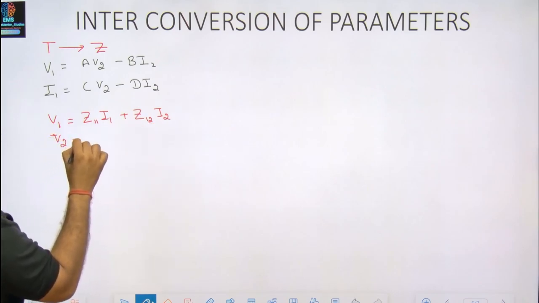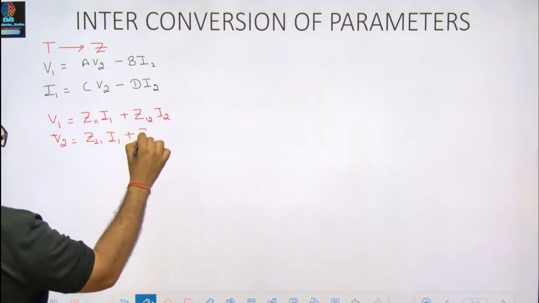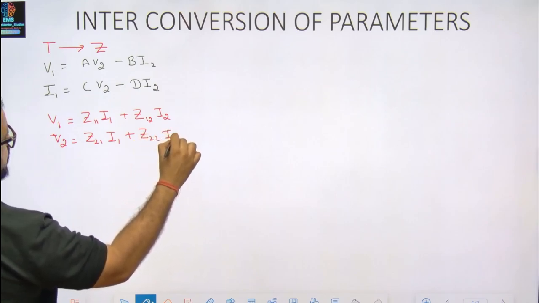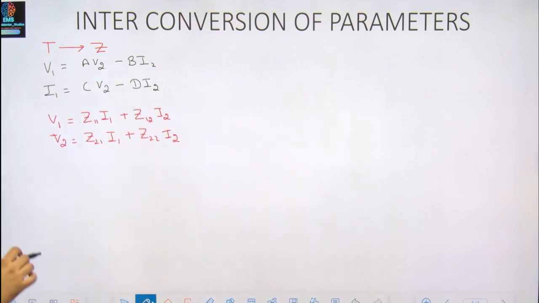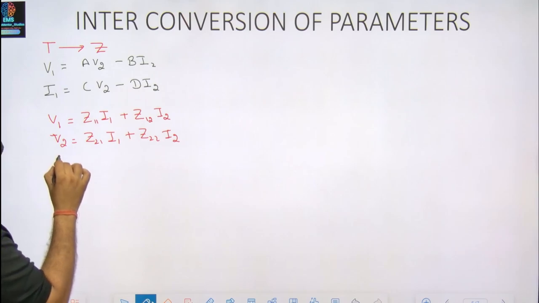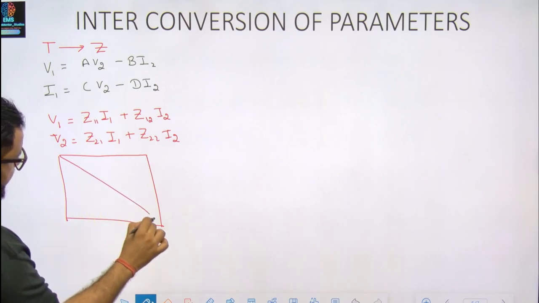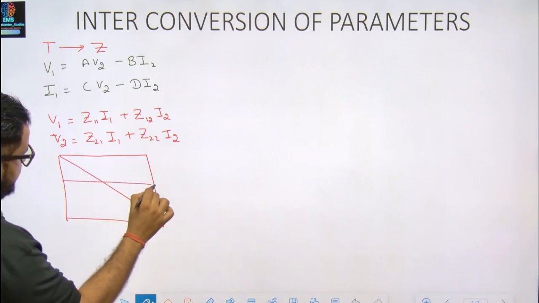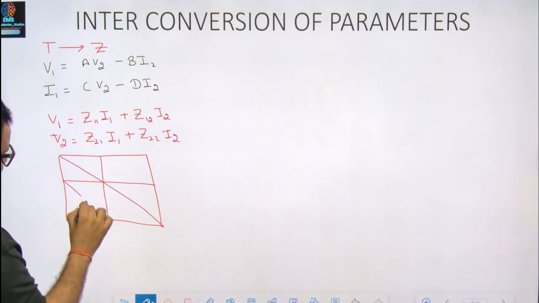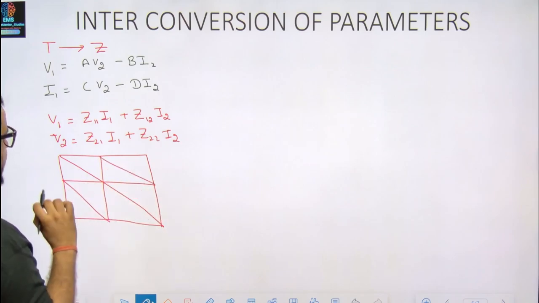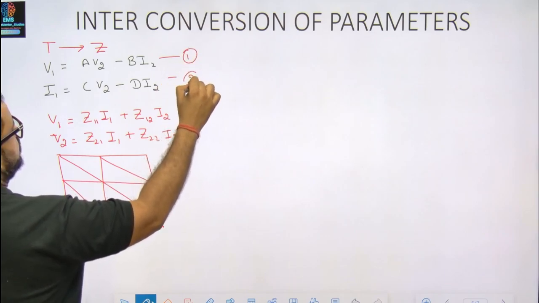V2 is equals to z21 I1 plus z22 I2. क्लियर एवरीवन? अब इसके बाद आपको एक छोटा सा काम करना है, आपको बनाना है एक छोटा सा मैपिंग टेबल. क्लियर? तो इन इक्वेशंस को नंबर दे देते हैं 1 2 3 4.